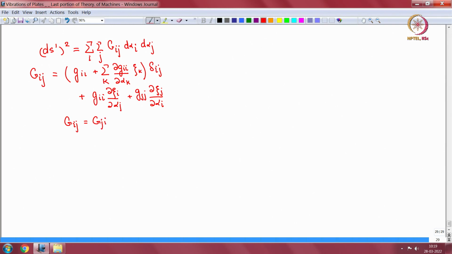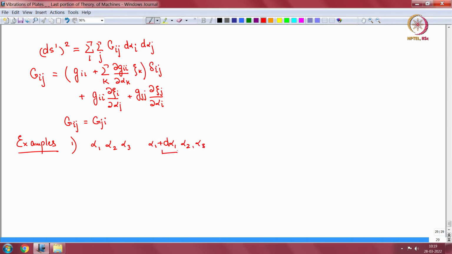Okay, so now let's see. Example: if we have 2 points, let's say one point is at alpha 1, alpha 2, alpha 3, and the other point is at alpha 1 plus d alpha 1, alpha 2 and alpha 3.